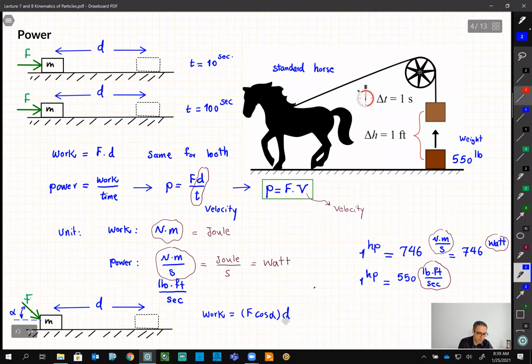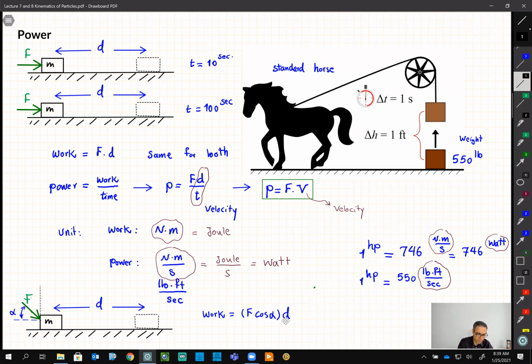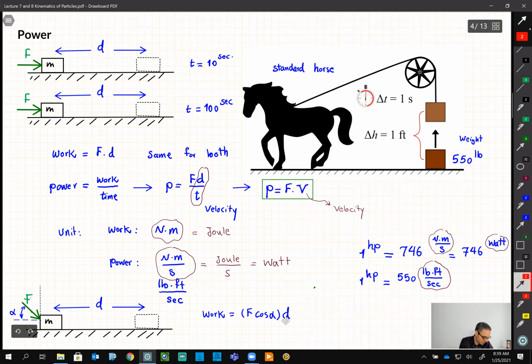You need to find the component of this force, which you know how to do: F cosine alpha and F sine alpha. This is F sine alpha, and this one is F cosine alpha. Only F cosine alpha is doing the work. F sine alpha is perpendicular to the movement, and it doesn't do anything.